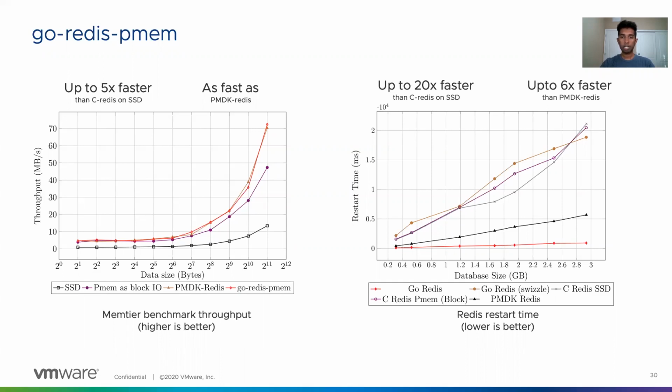This graph also captures the cost of pointer swizzling. When pointers need to be swizzled, Go-Redis pmem takes as much time as C-Redis SSD. But pointers need to be swizzled only when an application restarts and the mapping address changes, the combination of which happens rarely.